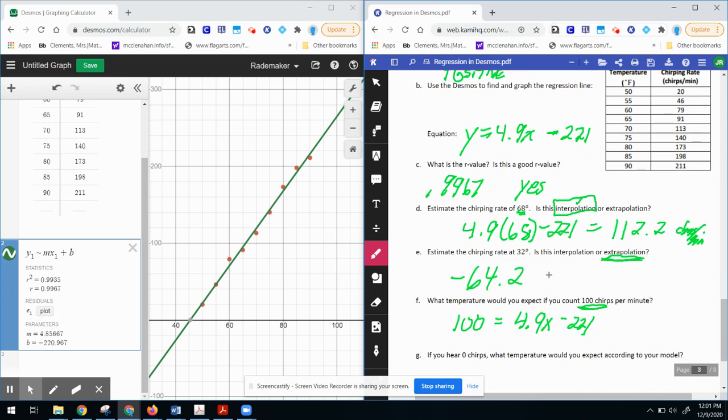When you solve this two-step equation, add 221 and then divide by 4.9. That's 321 divided by 4.9, and you get about 65.5 degrees. That would be your temperature for about 100 chirps per minute.